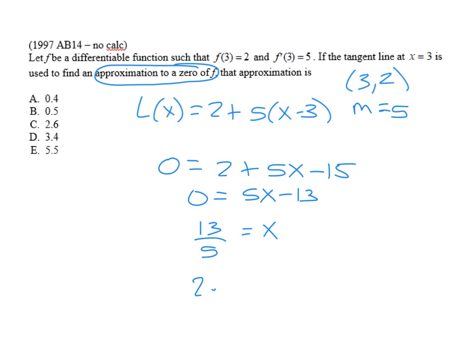So that's 2.6. So C. So the idea here is you have some curve, right? And then you're finding a tangent line and estimating where the tangent line crosses the x-axis. And that's useful if it's really hard to solve the quadratic.